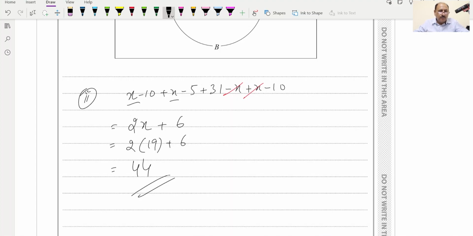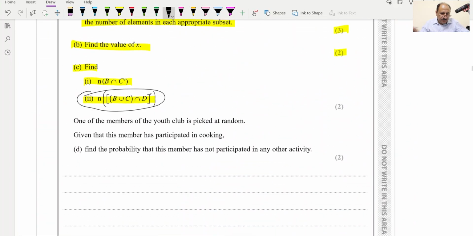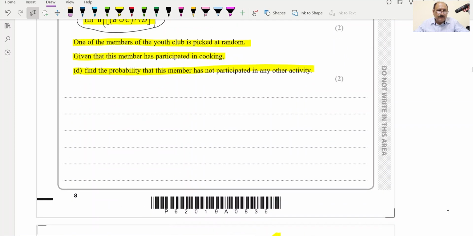Now we can move to D part. D part says one of the members of a youth club is picked at random. Given that this member has participated in cooking, find the probability that this member has not participated in any other activity.